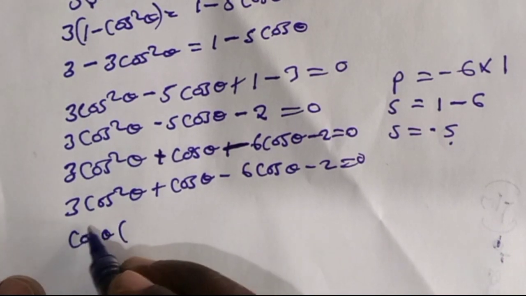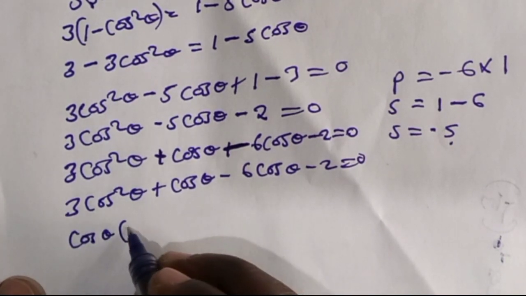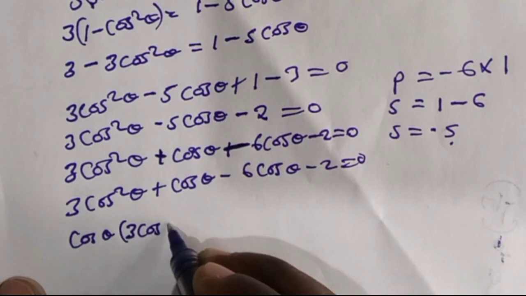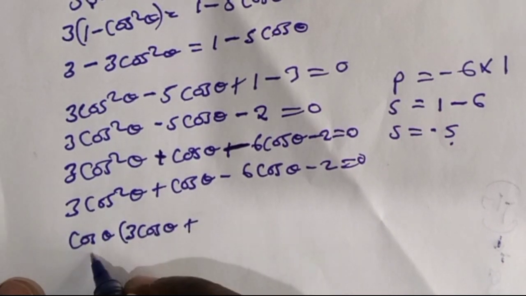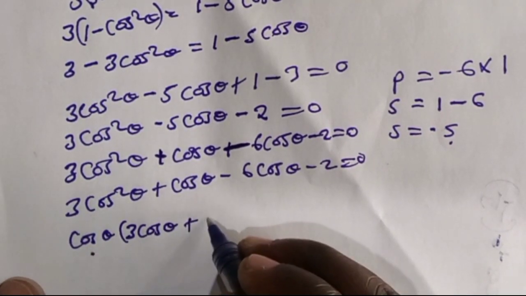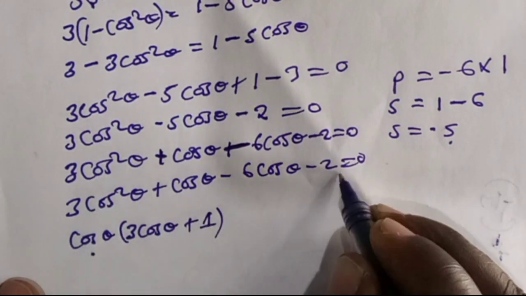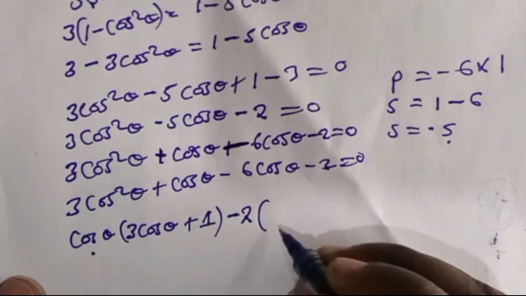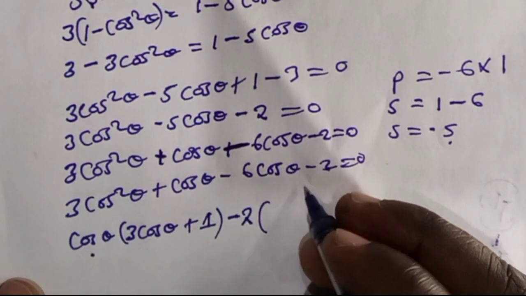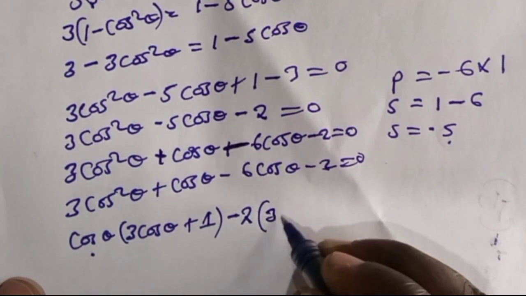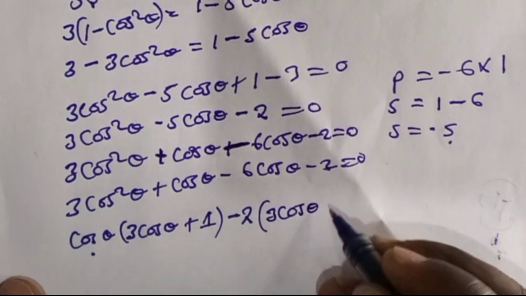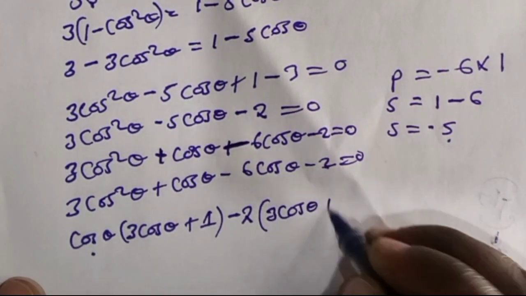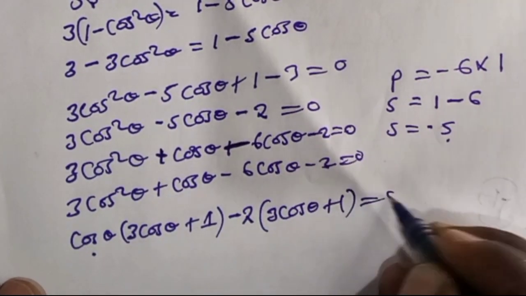Cos theta into 3 cos squared theta leaves 3 cos theta, plus cos theta into cos theta is 1. Then here what is common is minus 2. Minus 2 into minus 6 cos theta gives 3 cos theta, then minus 2 into minus 2 is plus 1, which equals 0.